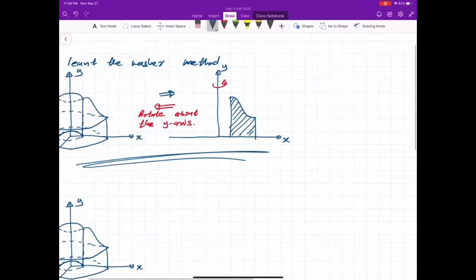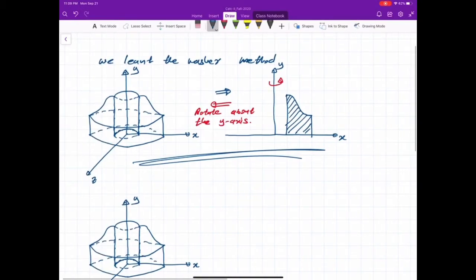If you make a cross section of this object, what you get is something like this.